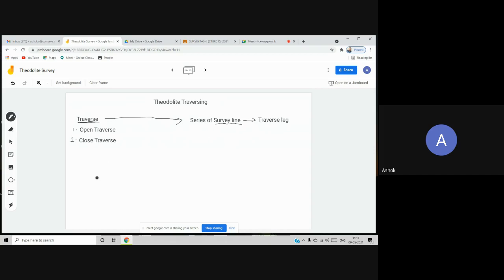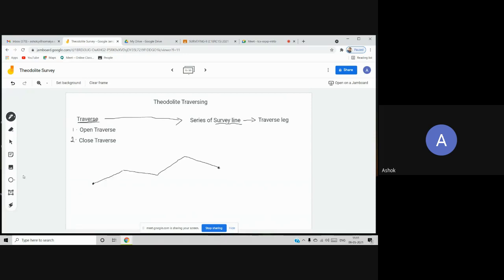Open traverse is again a series of interconnected survey lines, but the starting point and the last point, the ending point, are different. The end point does not coincide with the first point or starting point.